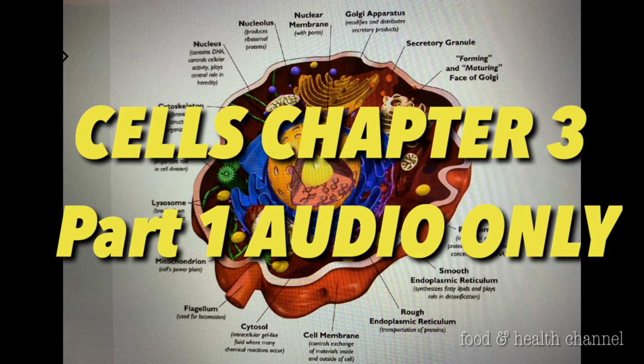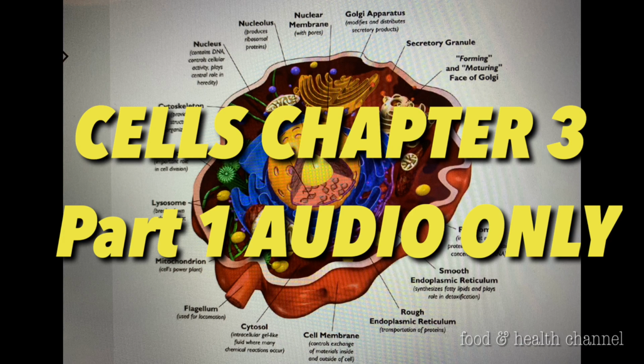Endoplasmic Reticulum, or ER, is a network of membranes within the cytoplasm. These long folded membranes form channels through which substances, especially newly synthesized protein, move. There are two types of endoplasmic reticulum.